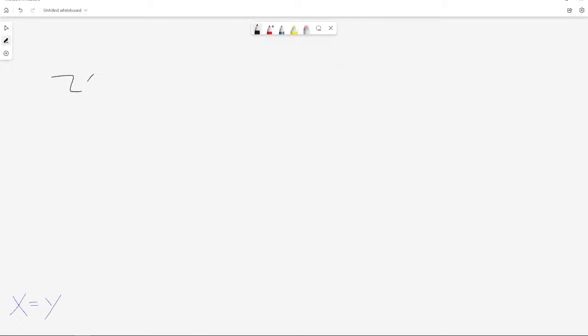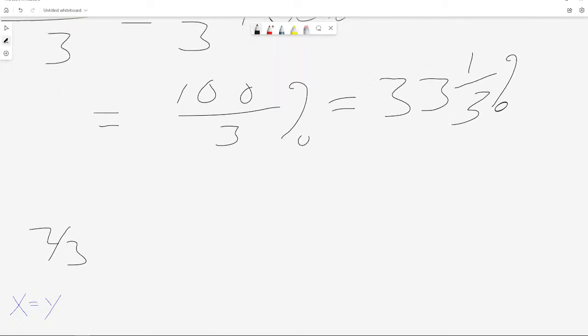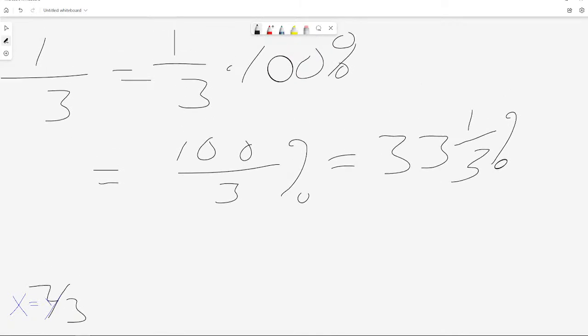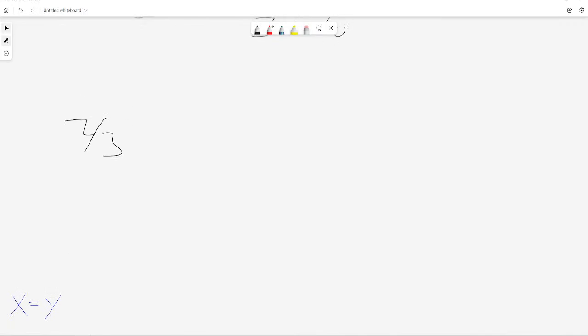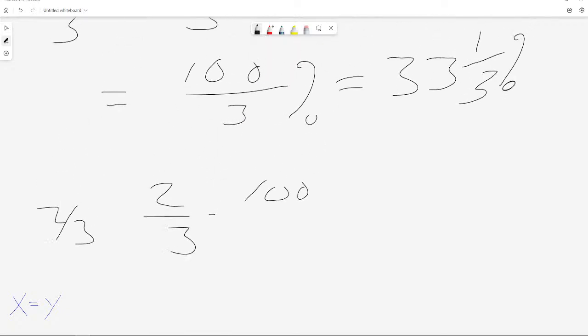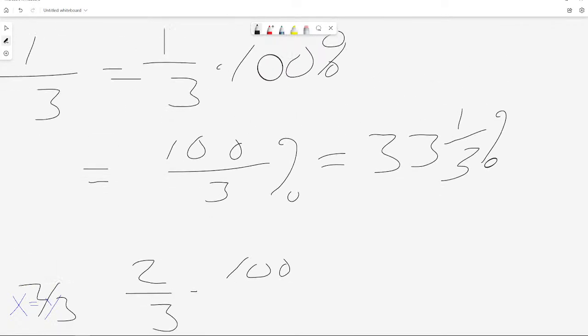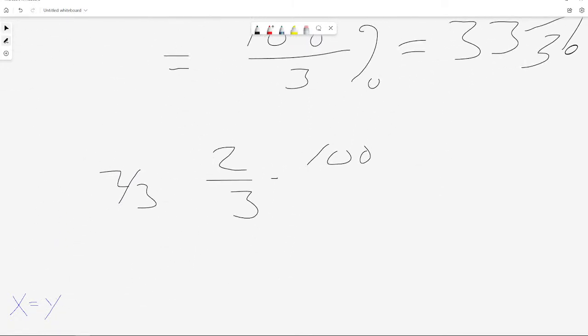Now let's say we have 2/3 and we want to convert that to a percent. Same thing we did back here. Now we have 2 over 3 times 100 over 1.